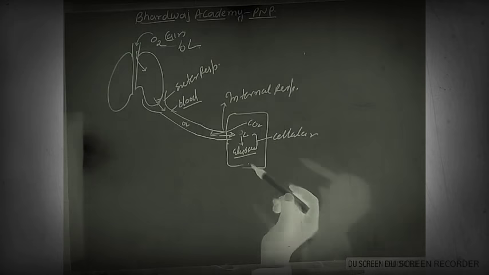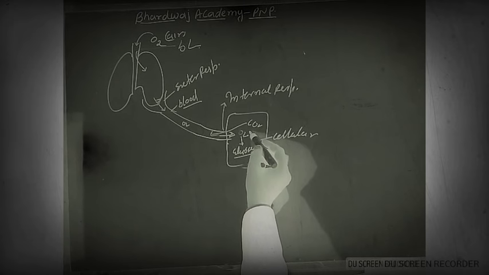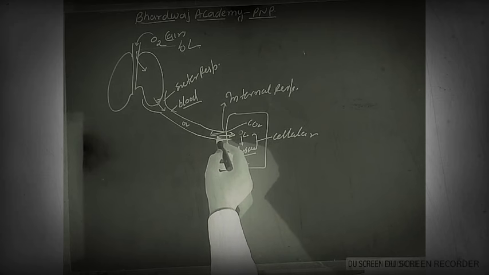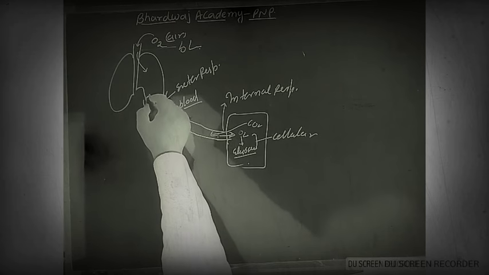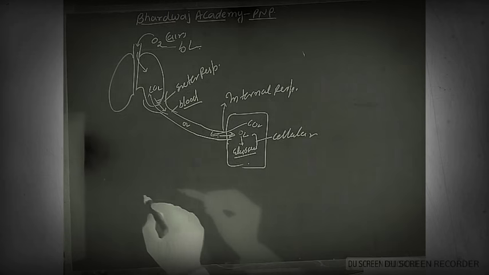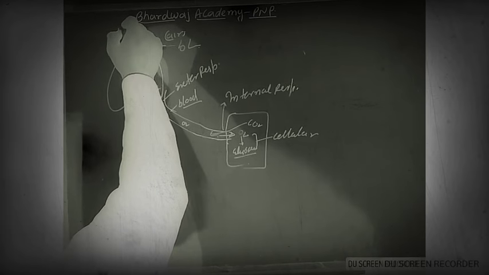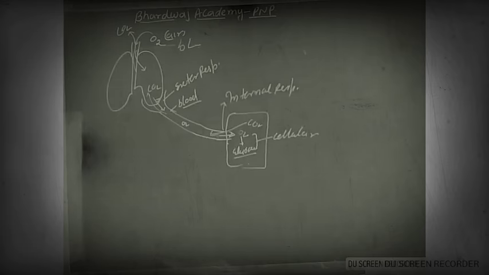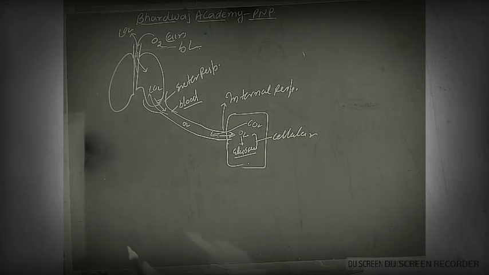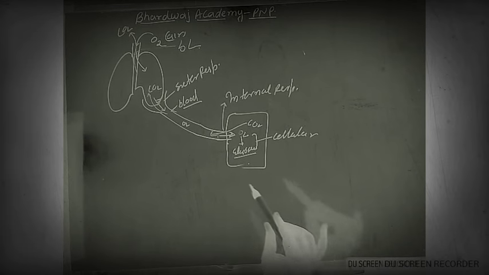The carbon dioxide removed from the cell enters into the blood, and from the blood the carbon dioxide enters into the lungs, and from the lungs the carbon dioxide moves outside into the air. This is the complete four phases of respiration.